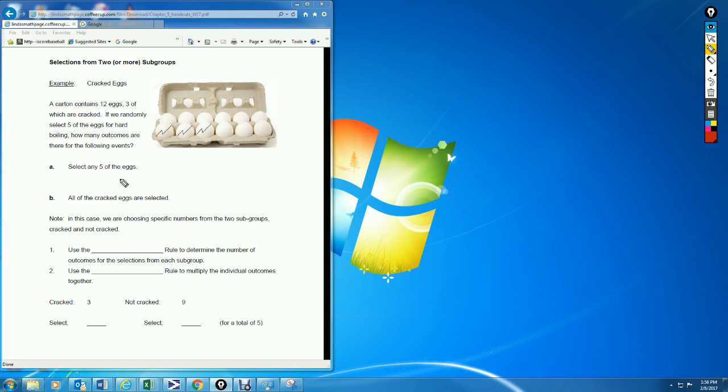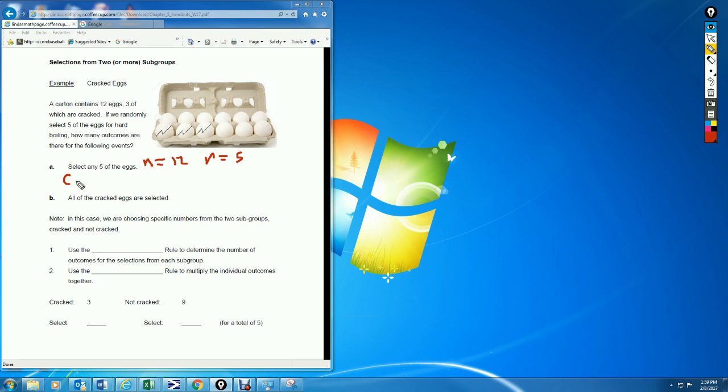Okay, so in this case, I don't care if they're cracked or not. I just want to grab 5 eggs to hard boil. So the total number that I am selecting from is 12, because there's 12 eggs. And we are going to choose r equals 5. We're going to choose 5 of them. And clearly the order of the eggs doesn't matter, so it's just a combination.